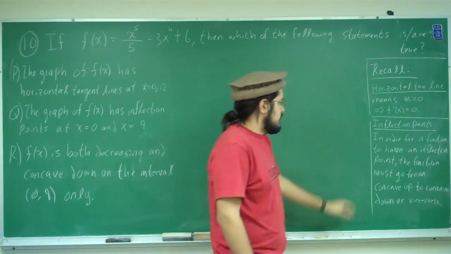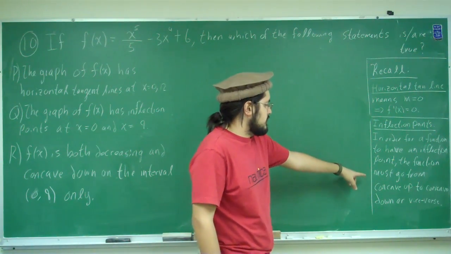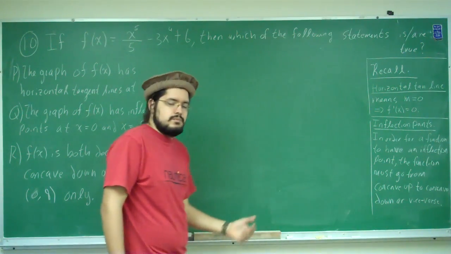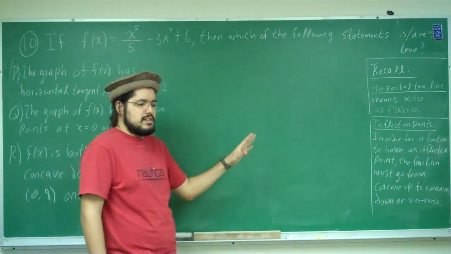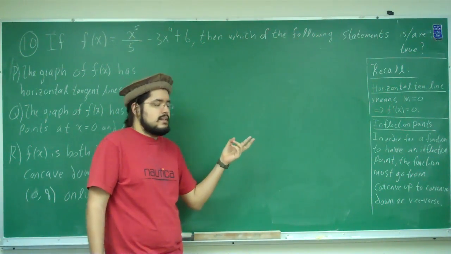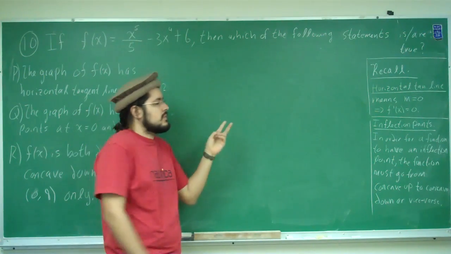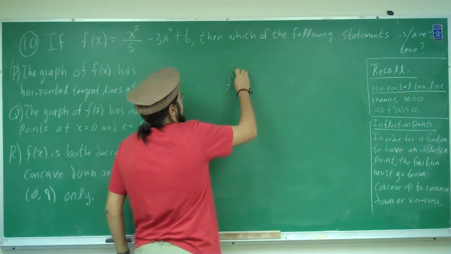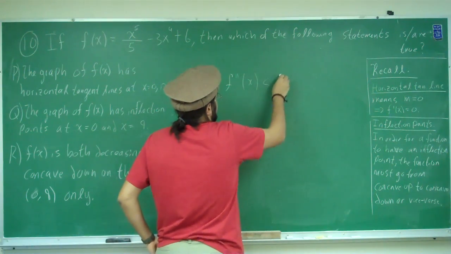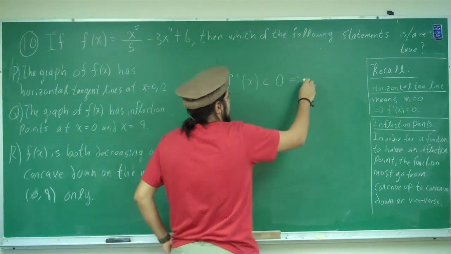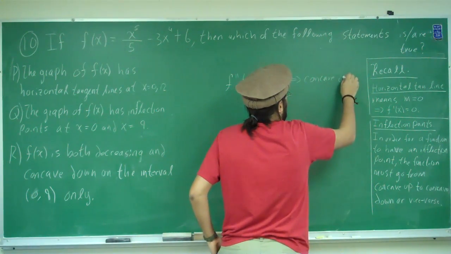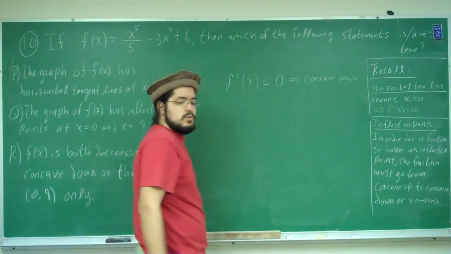Also, inflection points. In order for a function to have an inflection point, the function must go from concave up to concave down, or vice versa, on that interval. So in order to test that, we would take the second derivative, do the second derivative test for concavity. If f double prime evaluated at some x is less than 0, then this implies that it's concave down on that interval.